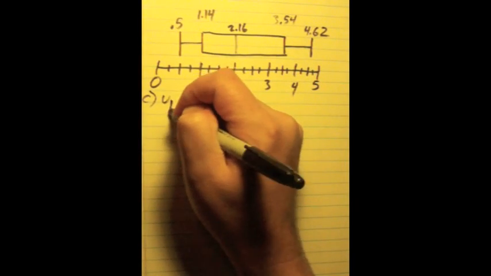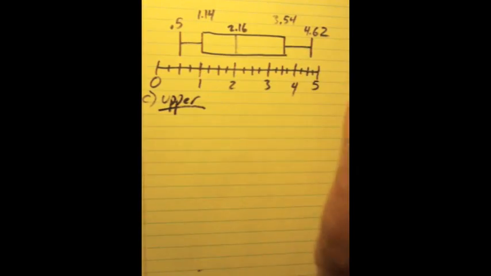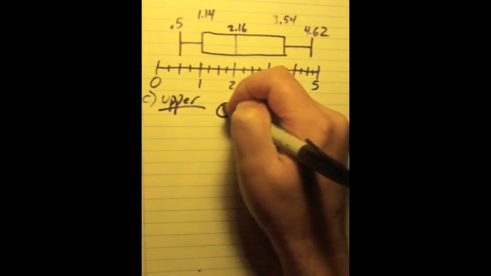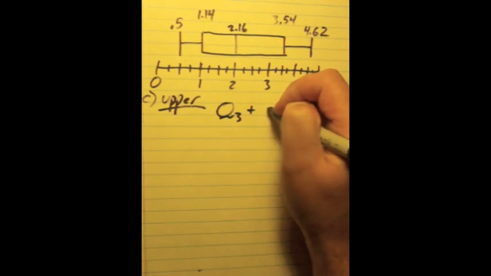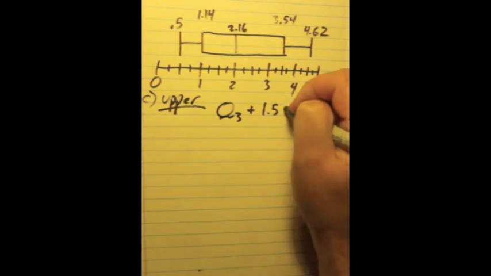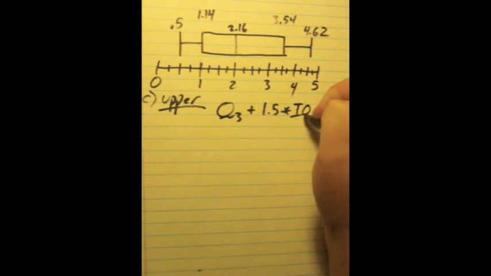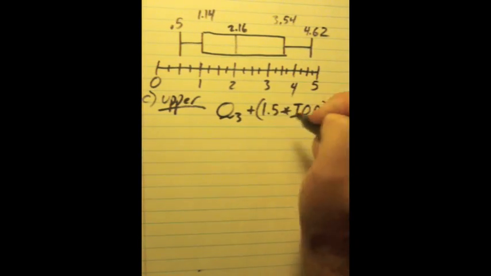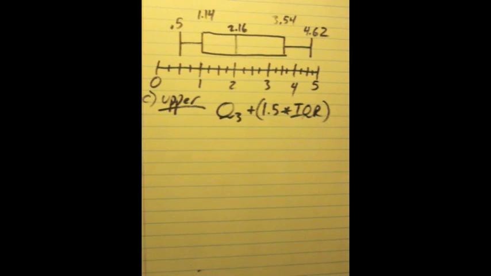And for upper outliers, we're going to use Tukey's rule, which says quartile 3 plus 1.5 times the IQR. And once I calculate that number, anything bigger than that is going to be an outlier.